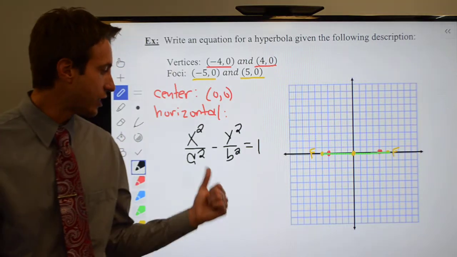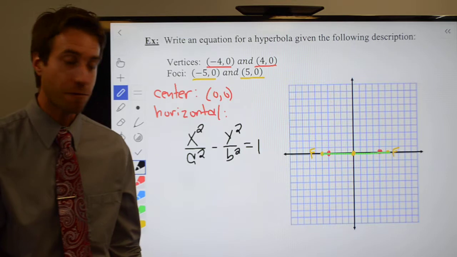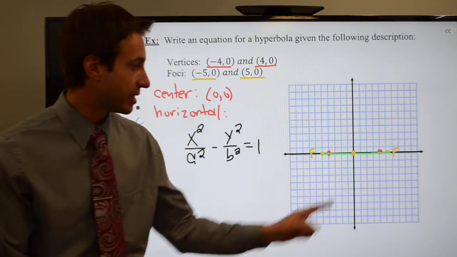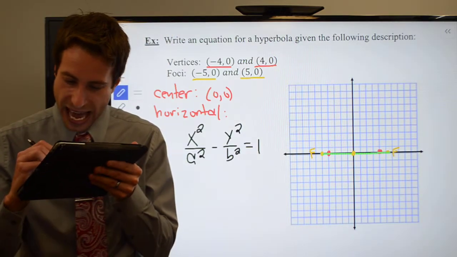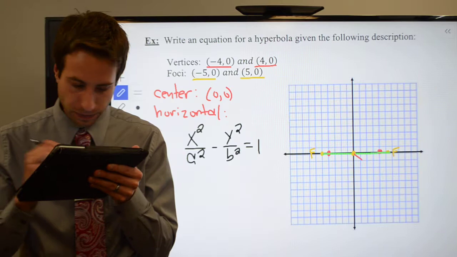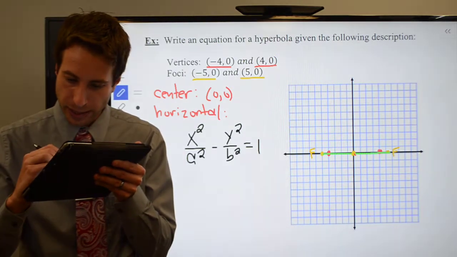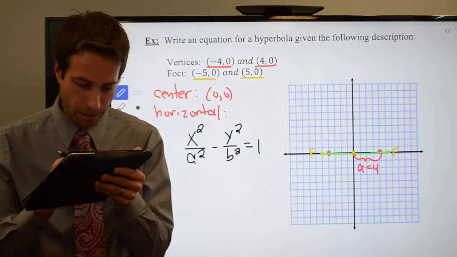In order to write the equation, I need the value of a and the value of b. But what did they give me? Well, remember, the vertices are a. The distance from the center to the vertice is a. So I know that a is this distance, just like it was with ellipses. So a is equal to 4.